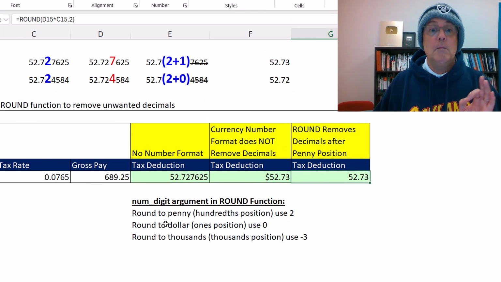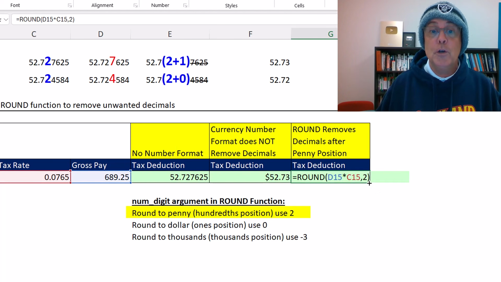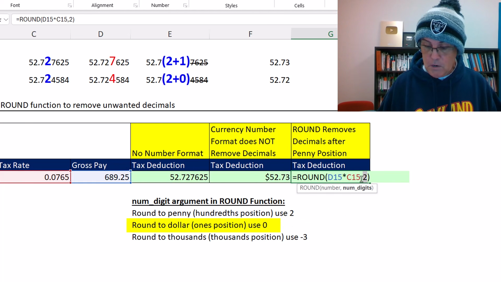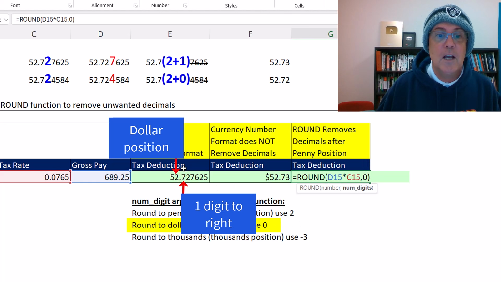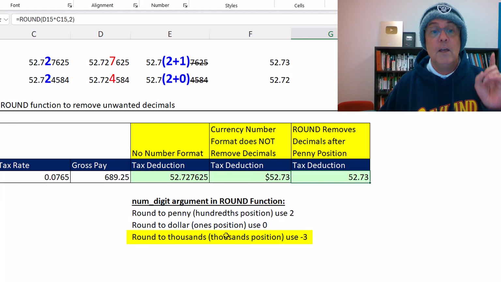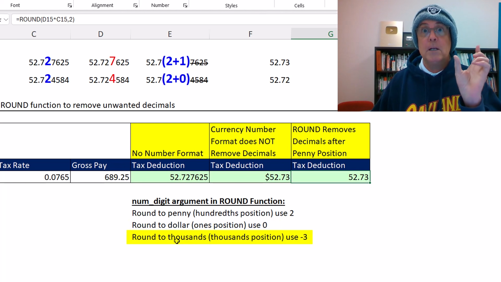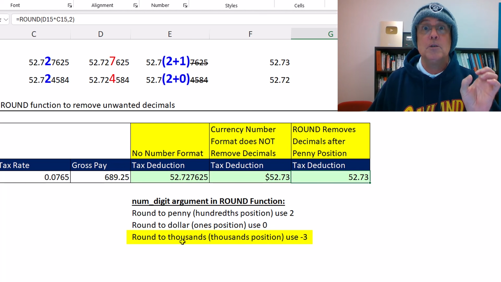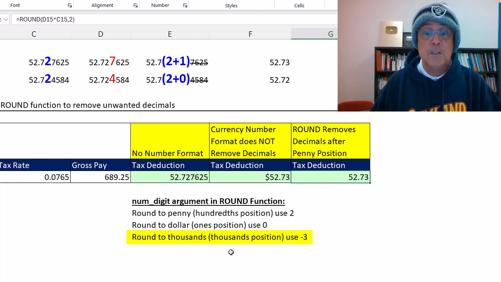Now, often in business, we use penny, so we put a 2 there. When you're doing income taxes, you have to round to the dollar. So if I put a 0 here, so that's a 7 in that position right there, so this would become 53 bucks. I'm going to Control Z. And then sometimes when you have big numbers, like for financial statements, you want to round to the thousands position.